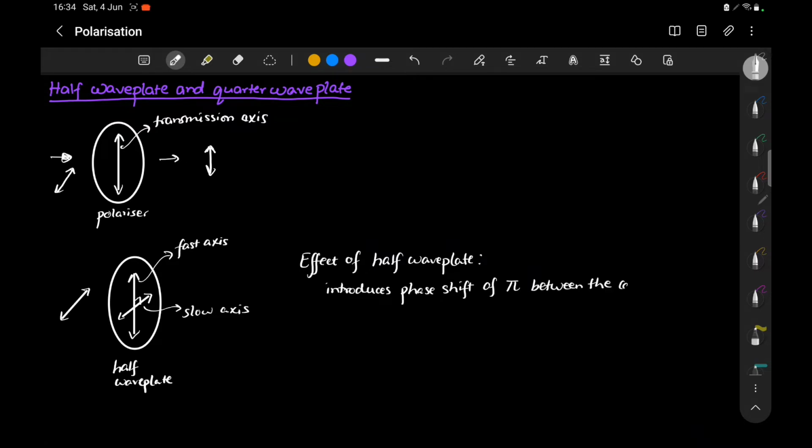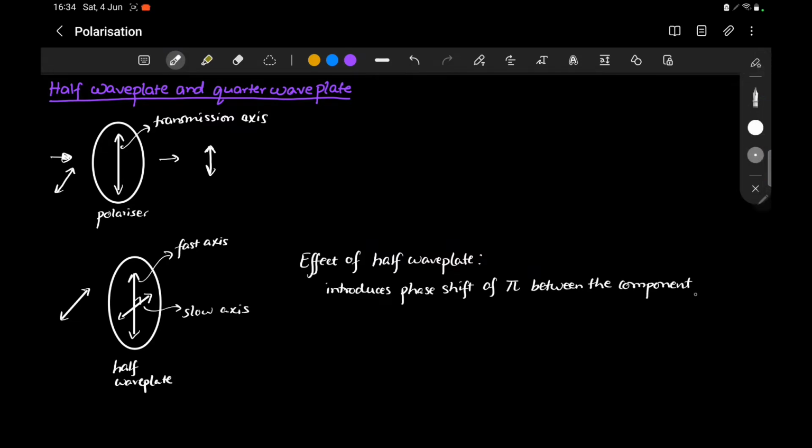the components of the wave along, let us call this fast as F and slow as S, so those directions.